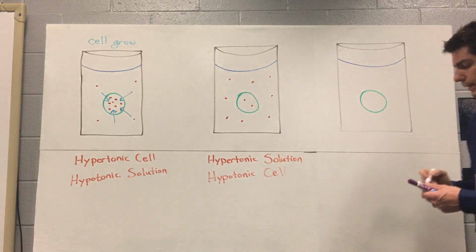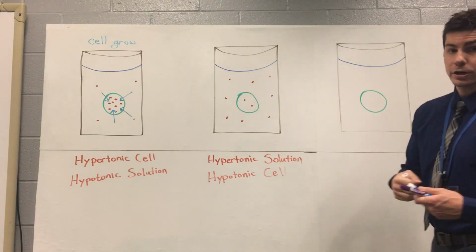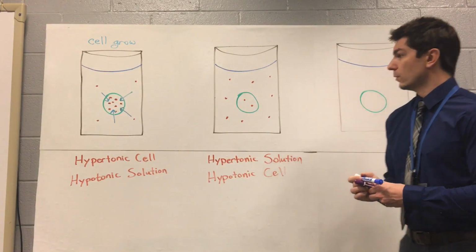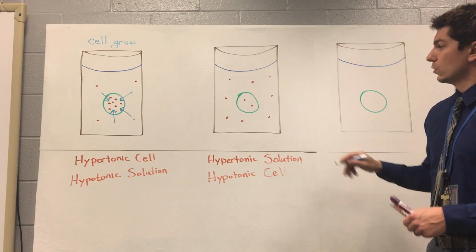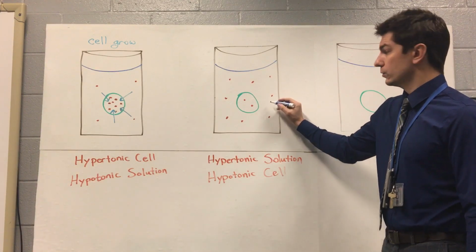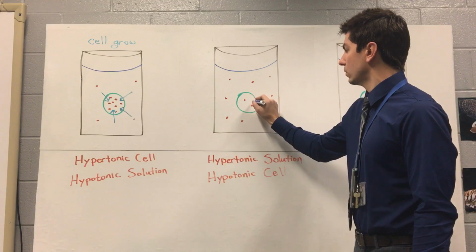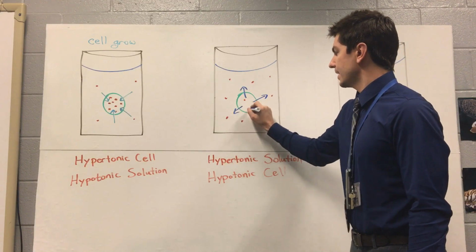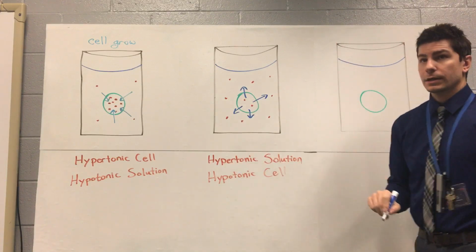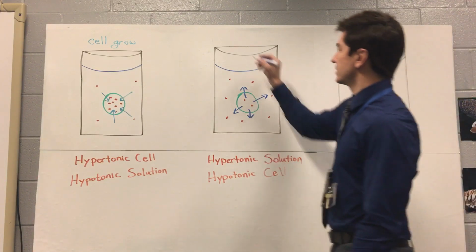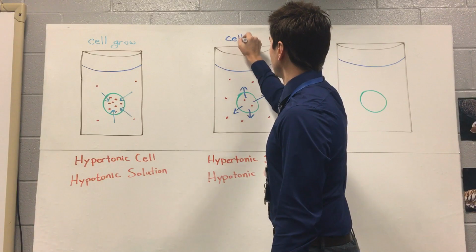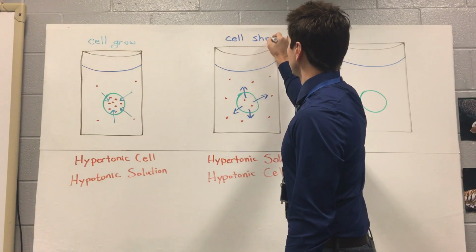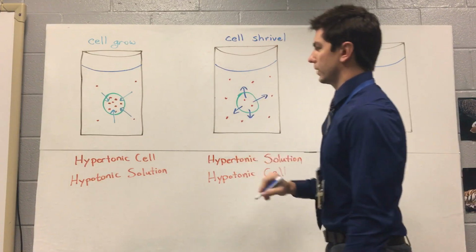All right. Last thing we're going to do is determine, where is water going to move? Well, water is always going to move where there is more solute. So for this example, water is going to be moving outside of the cell. In turn, since water is moving outside of the cell, it will shrivel or get smaller, okay?